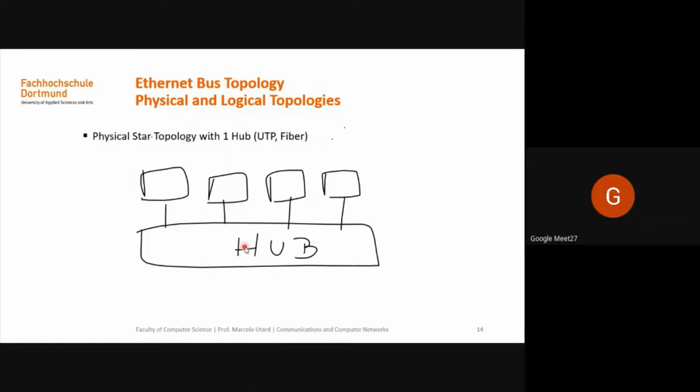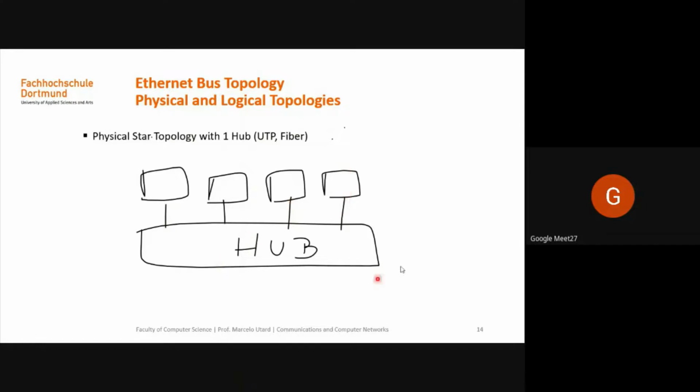And this is achieved by the hub in that way. The hub receives a digital signal over a port, decodes that digital signal, and with the bit stream information, recodes another digital signal to transmit that bit stream over the other ports.